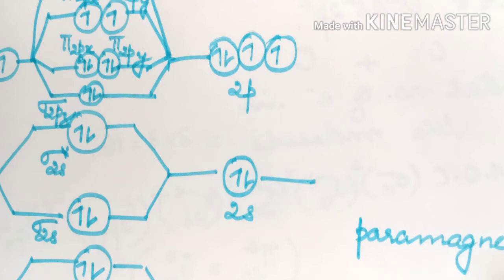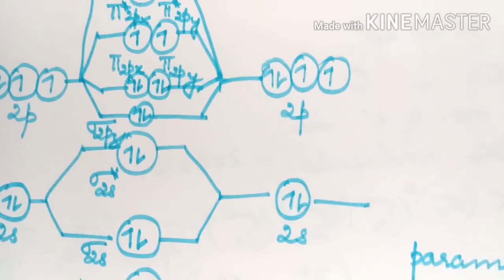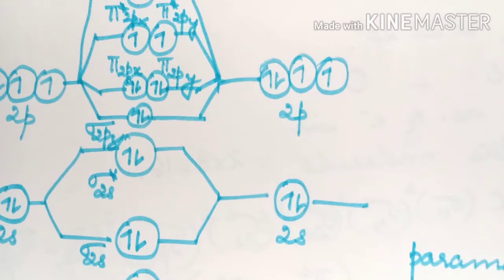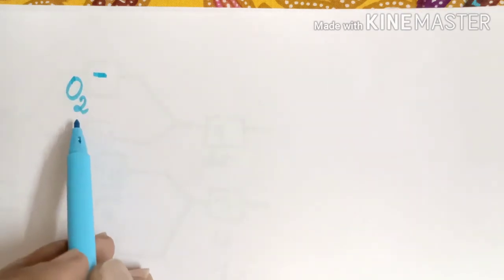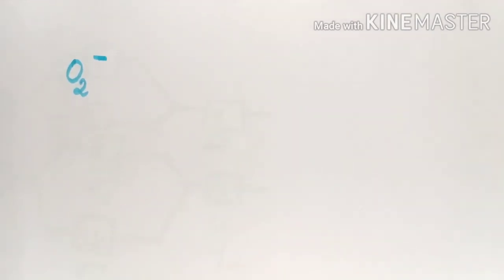Suppose you are given a molecule whose bond order has to be calculated. What will be the change that is to be mentioned? So here, if you have to find out the bond order of O2 negative, first you have to follow all the steps that are involved till now. First, identify how many total electrons are present.